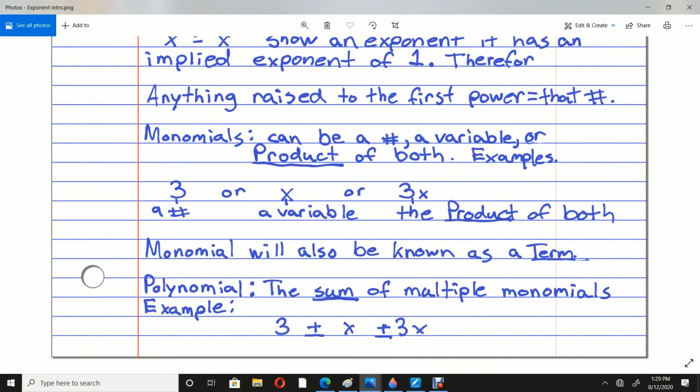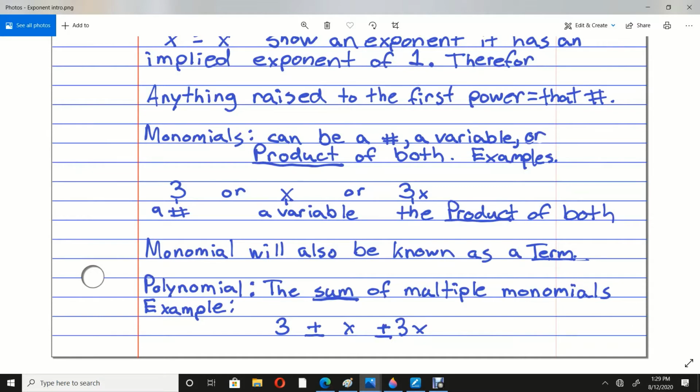Remember, when you have the number bumped up against the variable like that, that implies multiplication. Okay, a monomial will also be known as a term, so get used to hearing it like that. If I say combine the like terms, that means you're going to combine like monomials, okay? Then those terms will be used interchangeably.